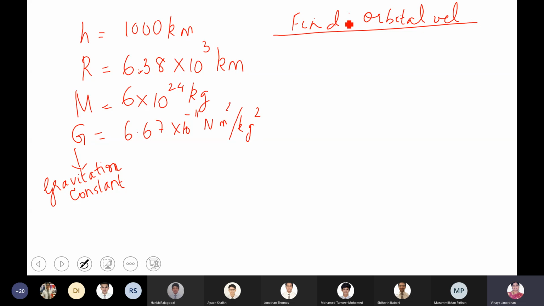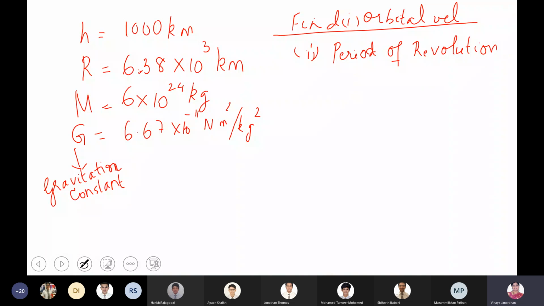Second one, you have to find period of revolution. Since I have not derived an expression for period of revolution, we'll do it along with this numerical. Period of revolution means time taken to complete one full revolution.